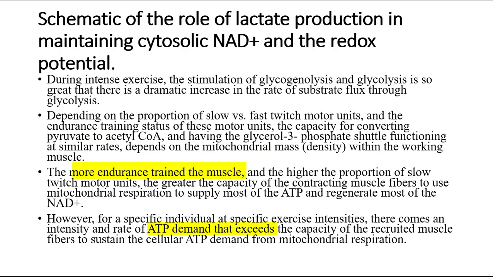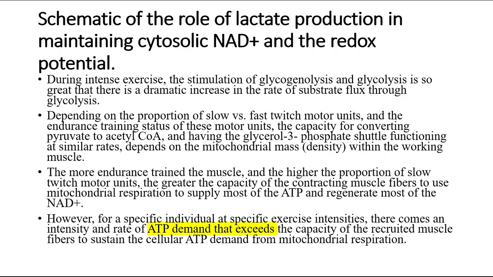The more endurance trained the muscle and the higher the proportion of slow twitch motor units, the greater the capacity of the contracted muscle fibers to use mitochondrial respiration to supply most of the ATP and regenerate most of the NAD+.